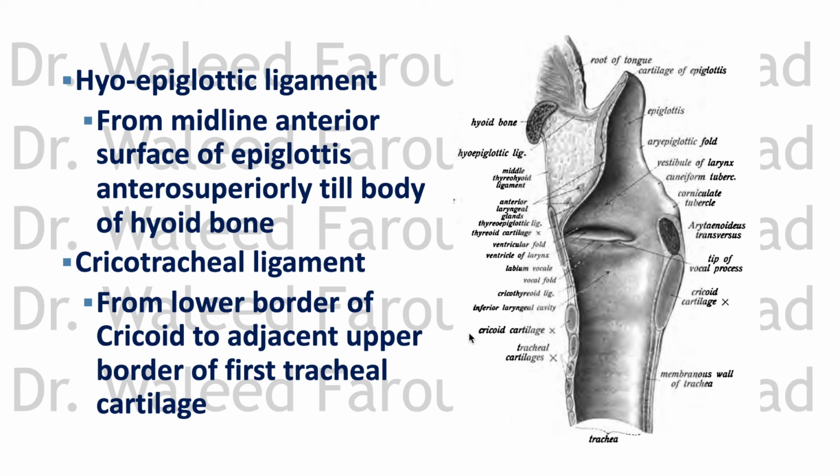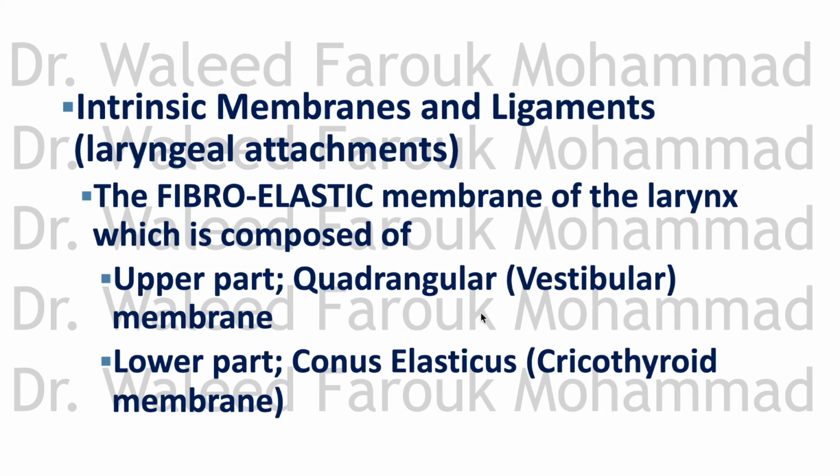Okay. The intrinsic membranes and ligaments, we said that they are called intrinsic because they have pure laryngeal attachments. They don't have extra laryngeal attachments. It means that it's all to the cartilages of the larynx.